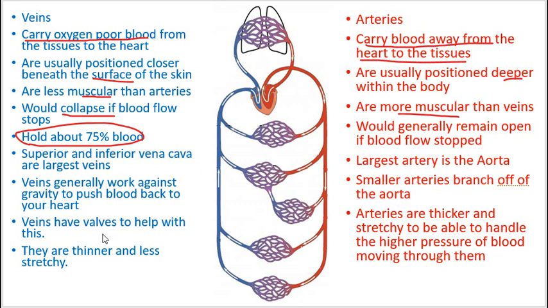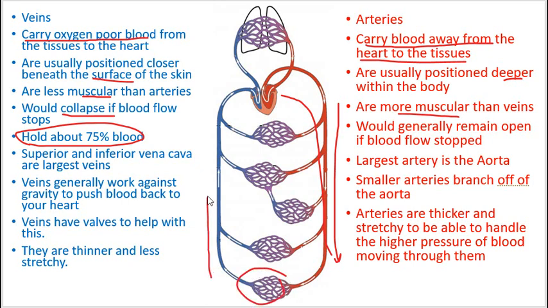Veins have valves to help them move the blood up against gravity. So if you look at this one, this is the heart. The blood comes down. It's easier. You see it goes downhill. It doesn't go against gravity. But now this is your lower limbs. Exchange occurs.